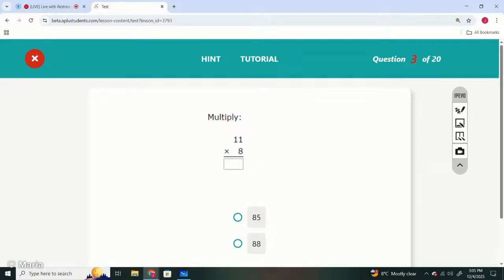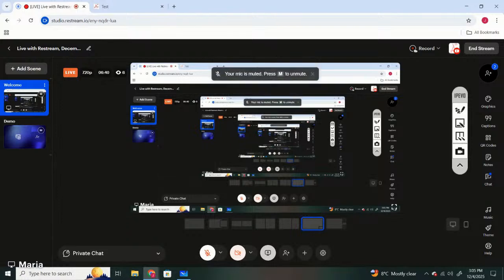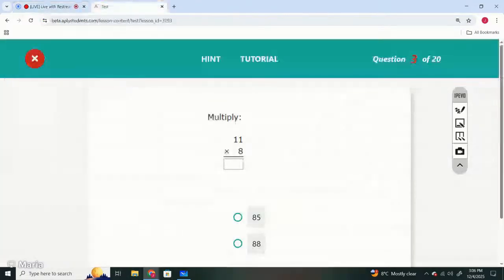Multiply 11 times 8. 11 times 8 is 88. Option number 2 is the correct option.